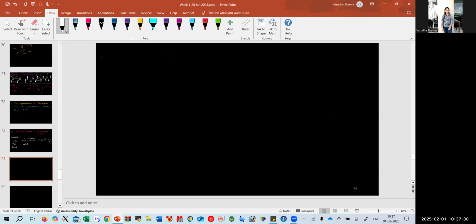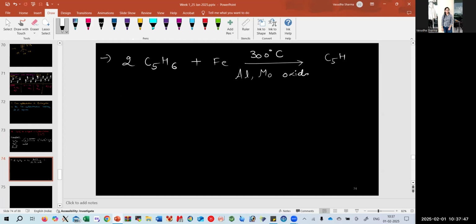Followed by some examples. If we treat two molecules of C5H6 with iron at a temperature of 300 degrees in presence of aluminium and molybdenum oxides, it would form C5H5 twice iron and hydrogen.